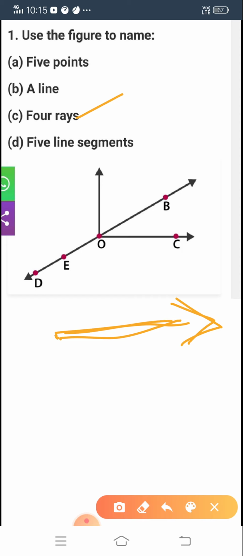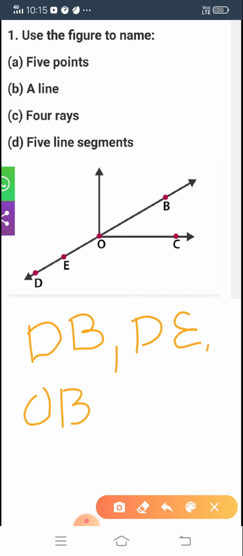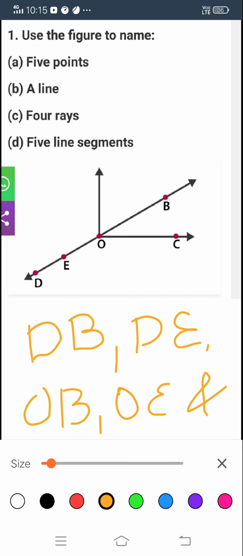Okay, so what are the possibilities here? 4 rays, that is first DB and DE, OB, OE and EB are some possibilities. It is a ray, that's why you have to draw a ray diagram here. This is a ray.